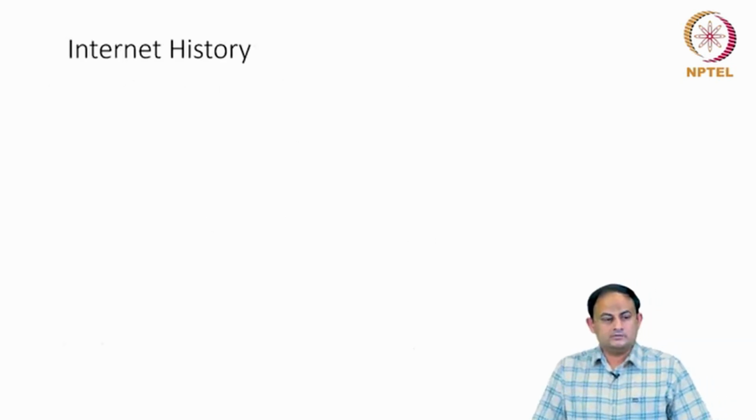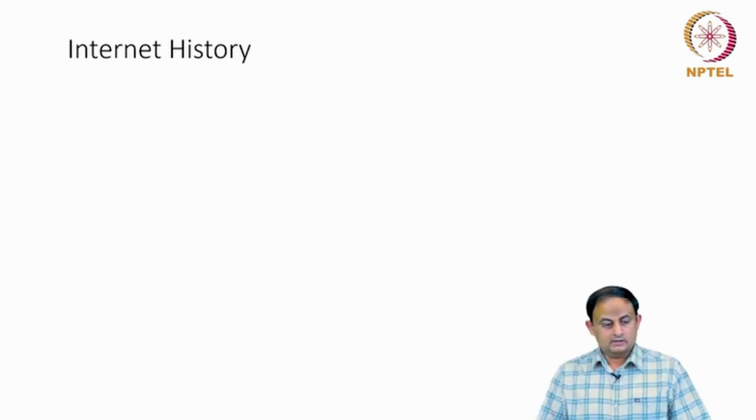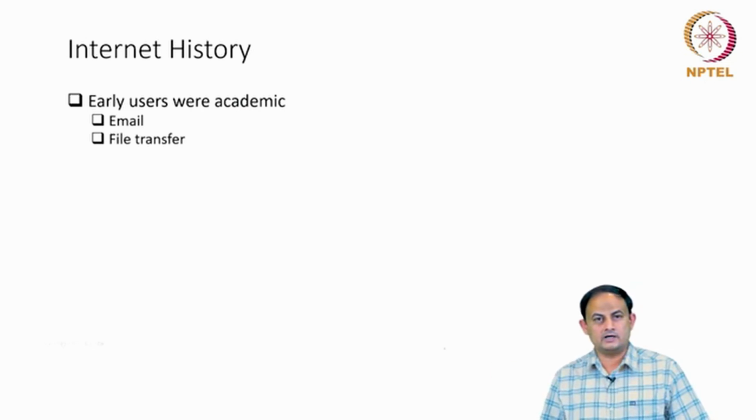In order to do that, let's begin by looking at the history of the internet and how it evolved over a period of time. The early usages of computer networks or the internet were very limited. Only two applications were primarily there in the early days, which are email and file transfer.